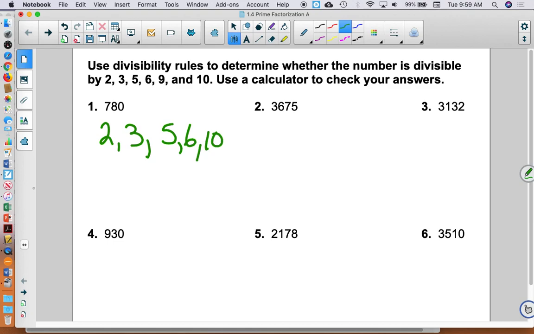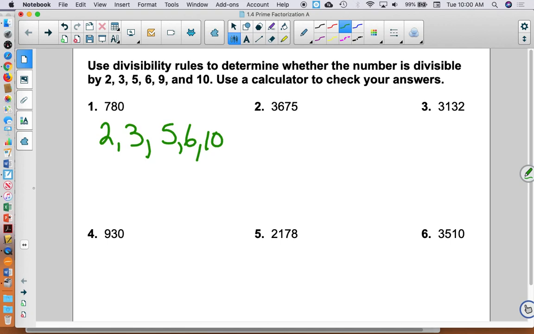I'm missing one. Go back and look at that rule. That work? There is another one now. Look at the rule.